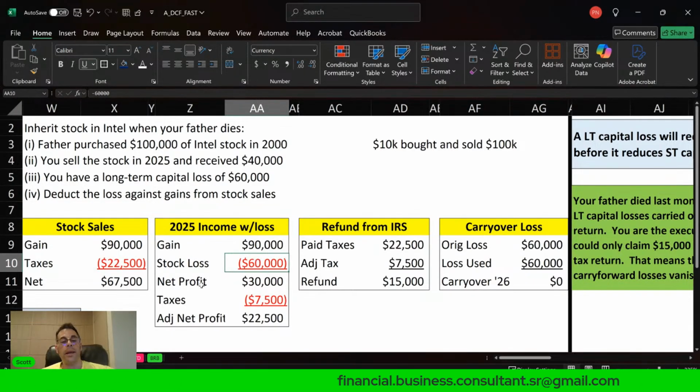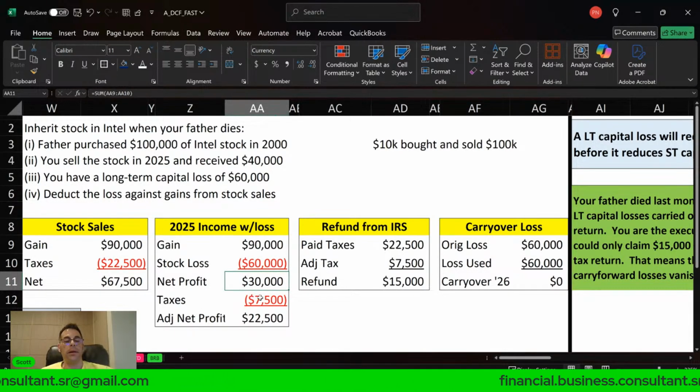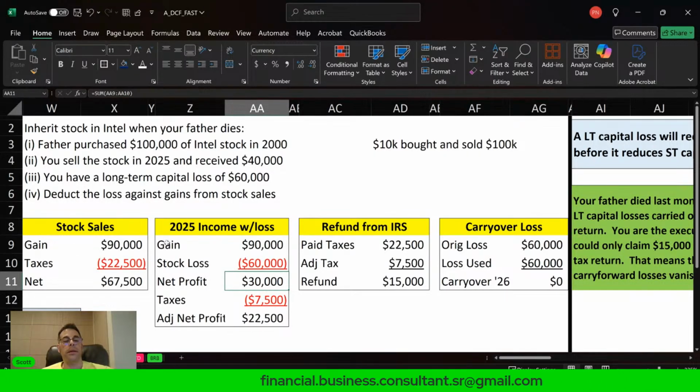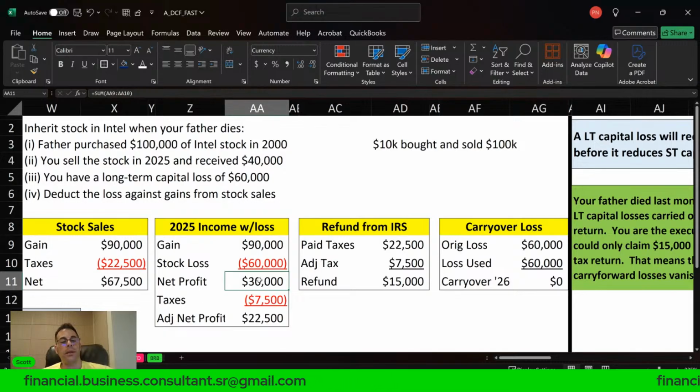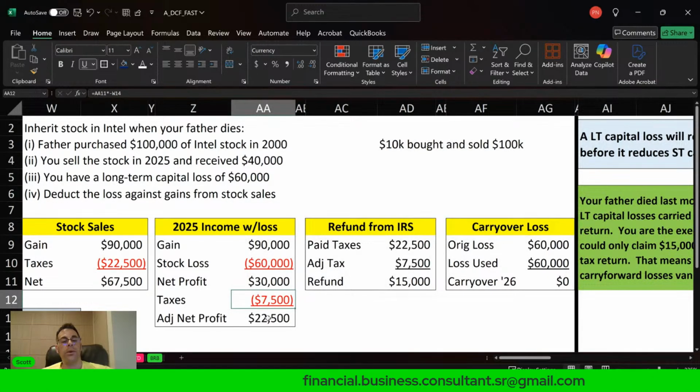So your net gain is $30,000. So you only pay taxes on $30,000. You don't pay taxes on the entire $90,000. So at a 25% tax rate, $30,000 is $7,500 in taxes. So you save $22,500 in taxes because of this write-off.